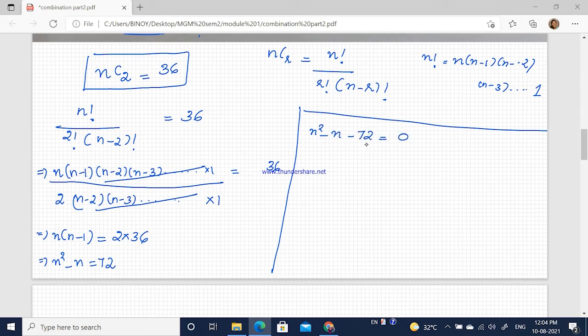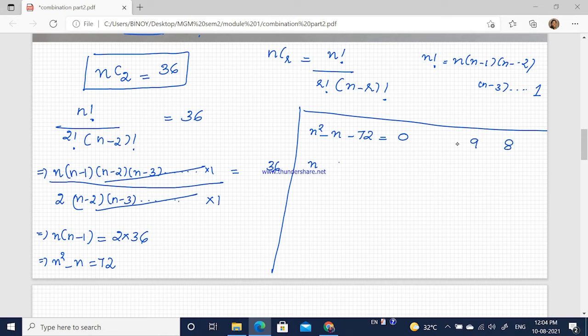So this is the sum part and this is the product part. Rather than using the quadratic formula, minus b plus or minus root of b square minus 4ac, we'll think about the numbers. When you add two numbers you get minus 1, and when you multiply you get minus 72. So we can consider 9 and 8.